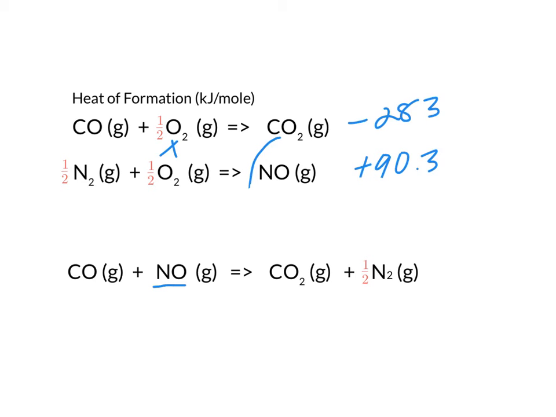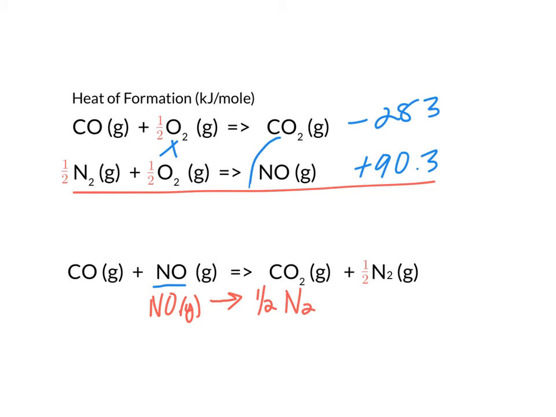So the first thing I want to do is rewrite this bottom one right here, and I want to flip it around. So I want to say, okay, well, my NO as a gas can be broken down into 1/2 of my N2 as a gas, and I can also make half of an elemental oxygen, if I reverse that sign.